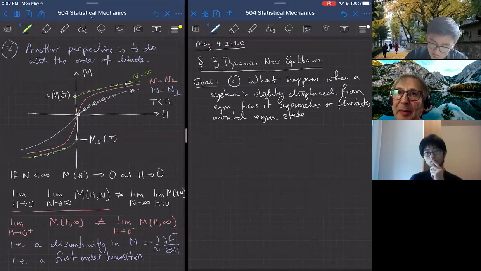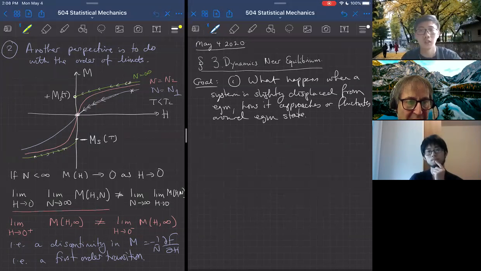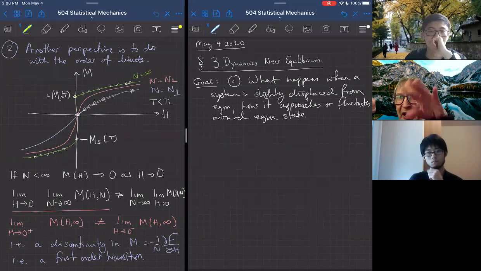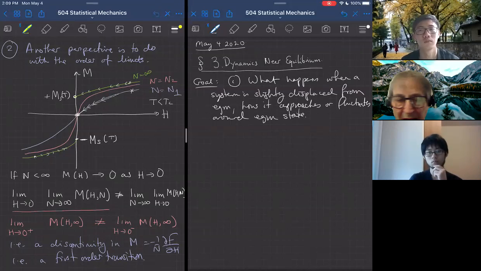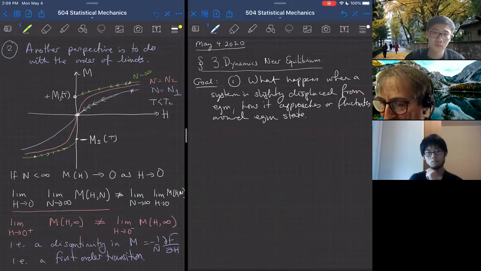You can think of a displacement from equilibrium as being something that is imposed artificially, or you can think of it as something where, as the system is sitting there and fluctuating, it naturally goes to a state that is not the exact equilibrium state, and then will relax back. And we want to understand what those dynamics are.